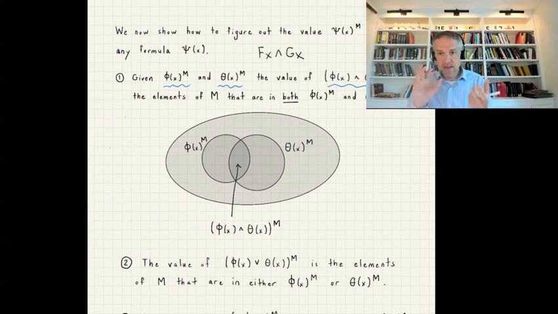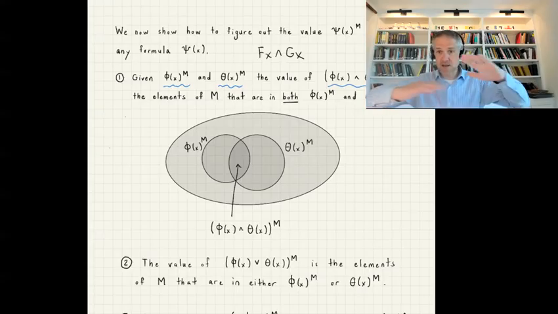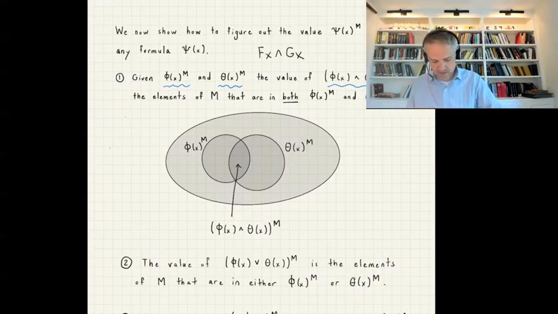So the things that meet the criteria to be phi and theta are just the things that meet the criteria for being phi and the criteria for being theta. In terms of sets, it's the overlap of those two sets. So down in the picture there, the elements that satisfy the formula phi and theta is the overlap of the elements that satisfy phi, those things in the circle on the left, and those things in the circle on the right.